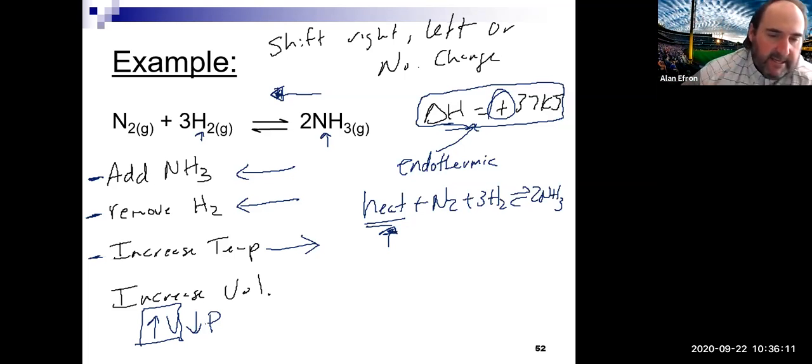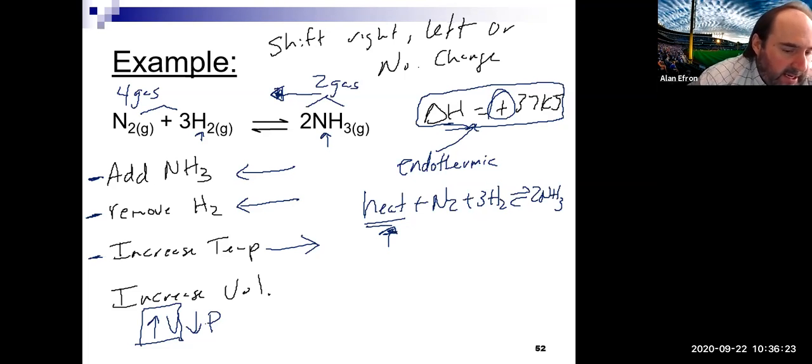So when we look at this reaction, there's 4 gas molecules on the left-hand side, and 2 gas molecules on the right-hand side. That means since we need more gas molecules, it is going to shift to the left in this particular case. Any questions on that?